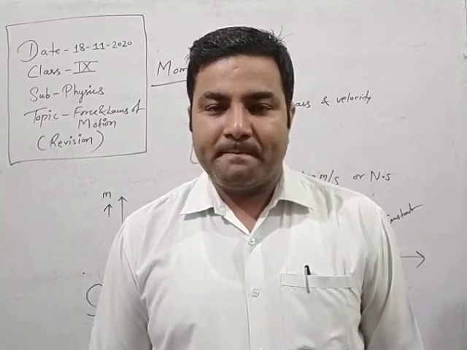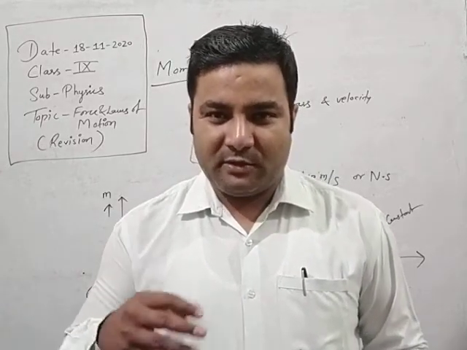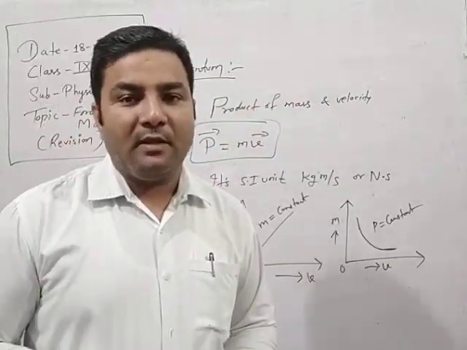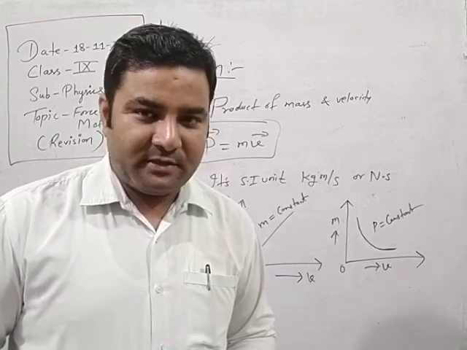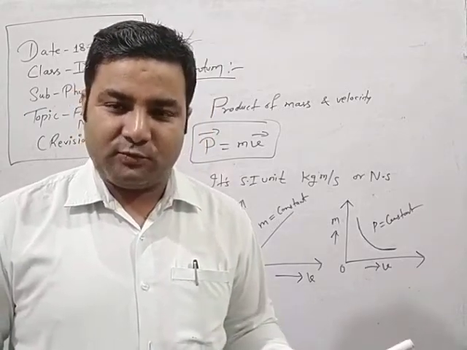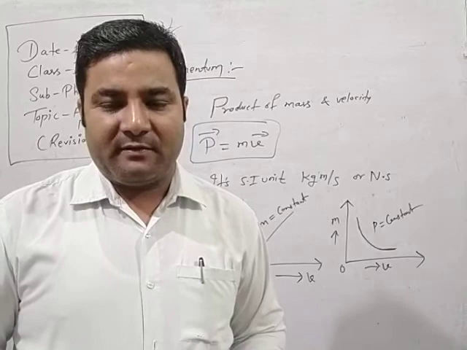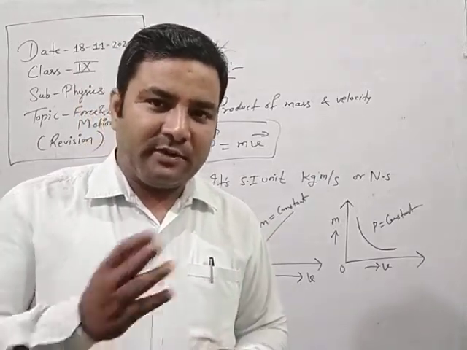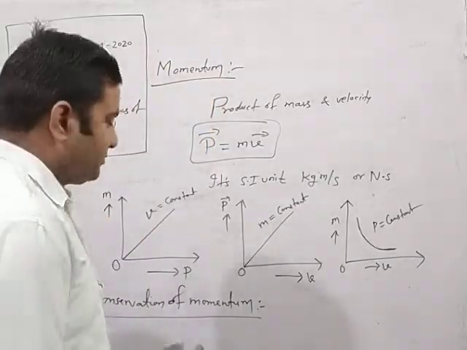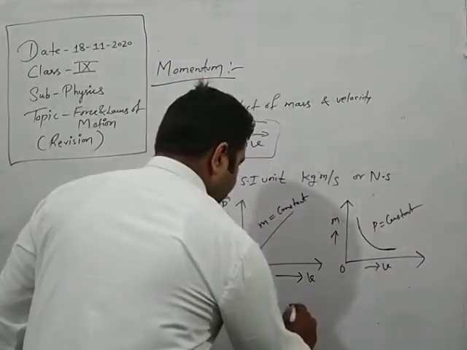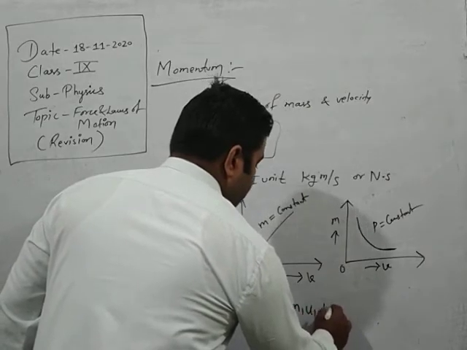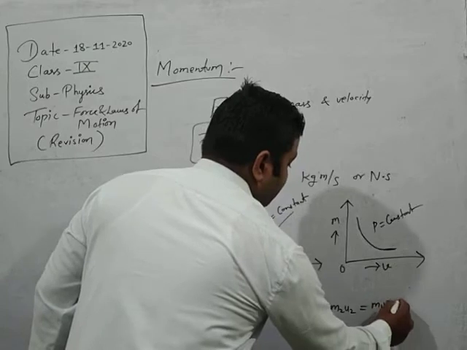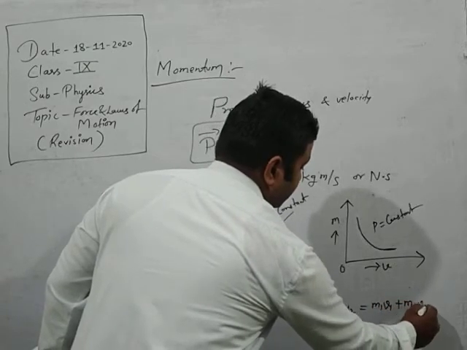Whenever a body having mass m1 and initial velocity u1, and final velocity v1, and another body having mass m2, initial velocity u2, and final velocity v2, then the total momentum before collision must equal the total momentum after collision. So m1 u1 plus m2 u2 is equal to m1 v1 plus m2 v2.